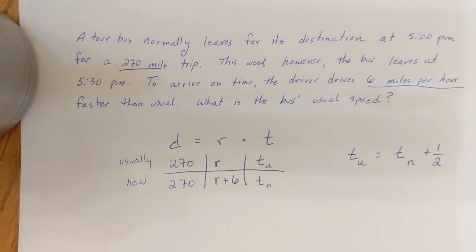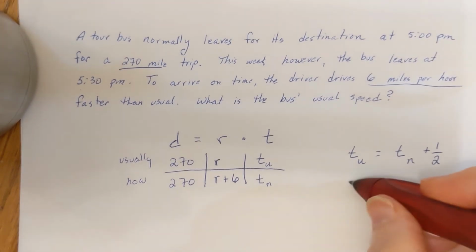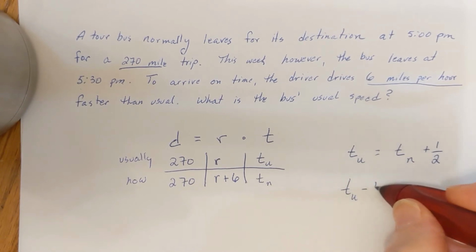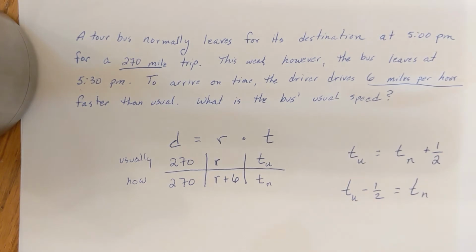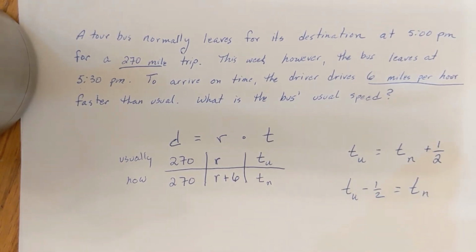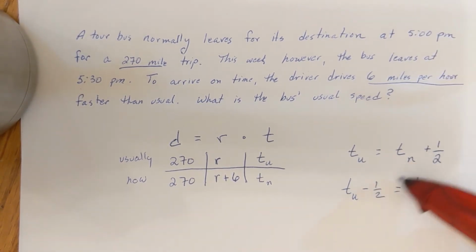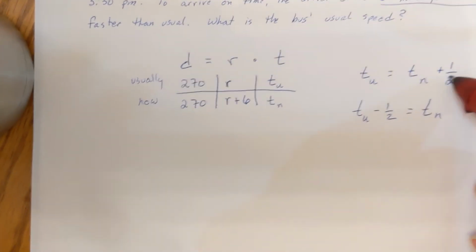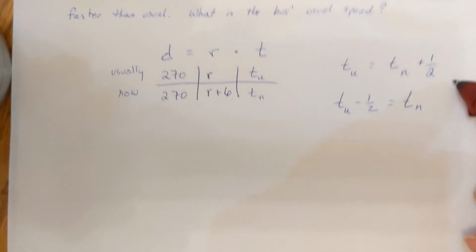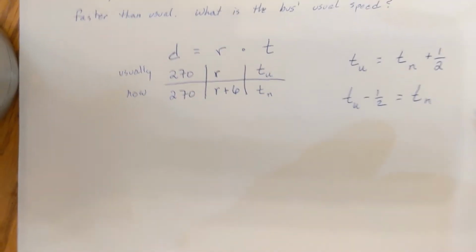I could have done the usual time is a half hour less than the time today. Time usual minus 1/2 equals time now, or time today. You can see these are equivalent equations. I can just move from one to the other by adding or subtracting a half hour, depending on which way I'm going.